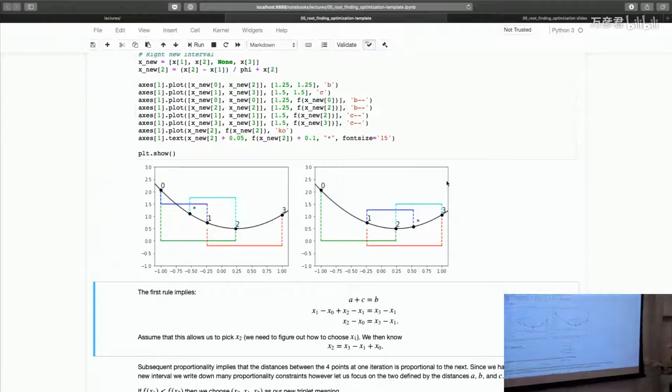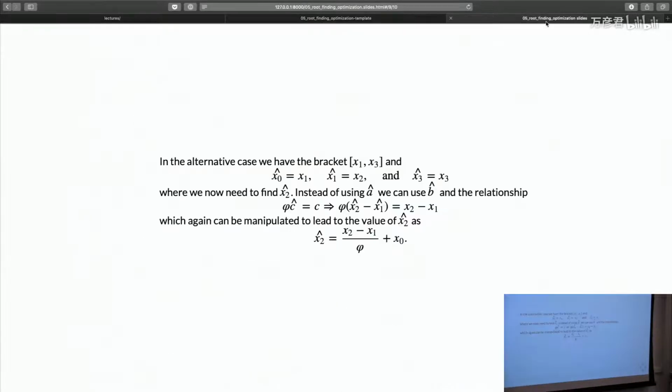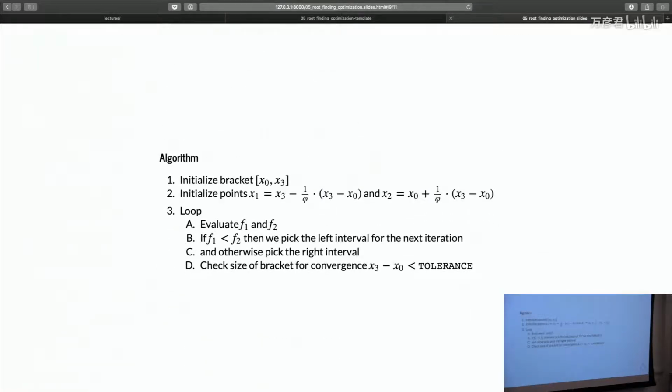Okay? So that's golden section search, but what does the algorithm look like? You've got to have an initial guess. We have an initial bracket, and we initialize the points. So at the beginning of initializing the bracket, we want to start out on a good foot. So we choose both of the new points using this formula, which is related to the last one we saw.